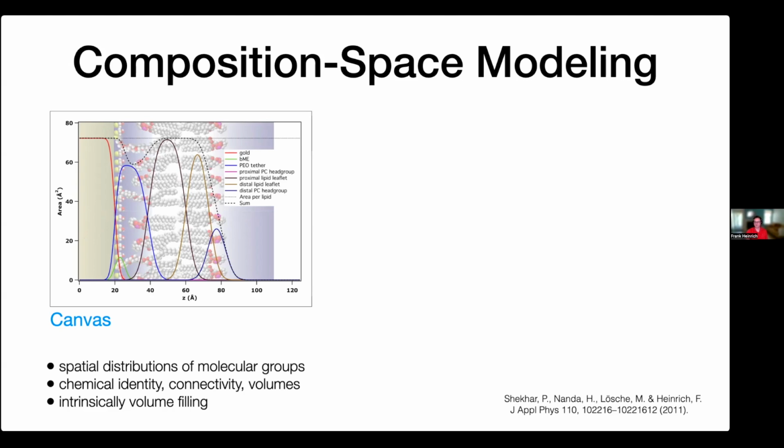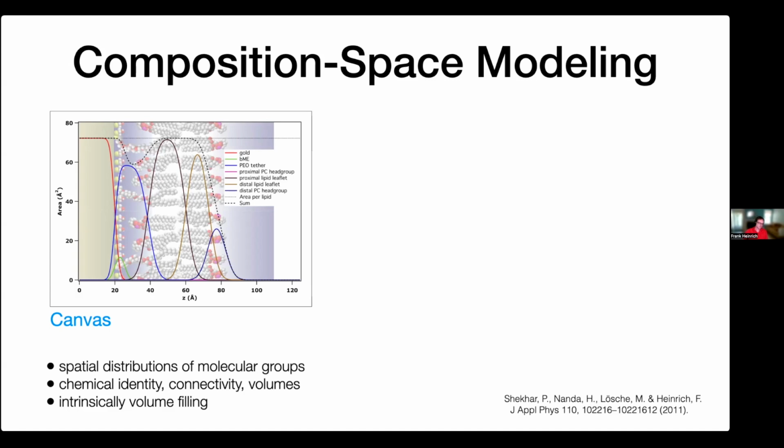This is advantageous in many of the biological and also some of the soft matter applications, because then you can use information that you actually have about your system, like chemical connectivities, identities, volumes, immediately in your modeling process.